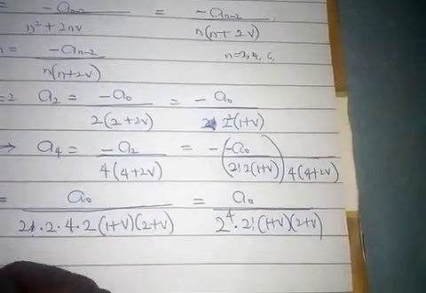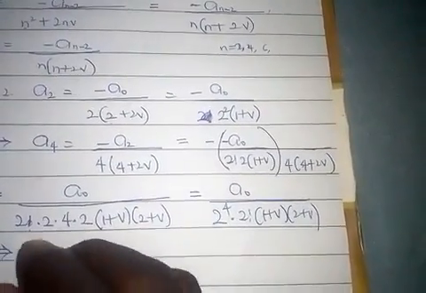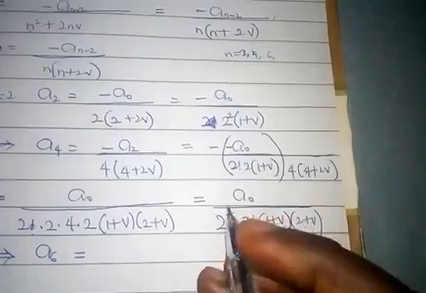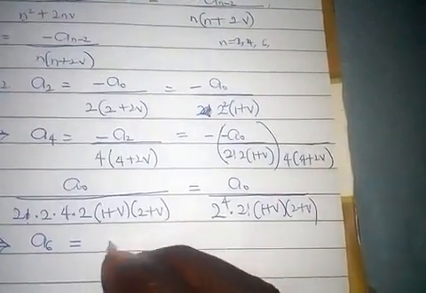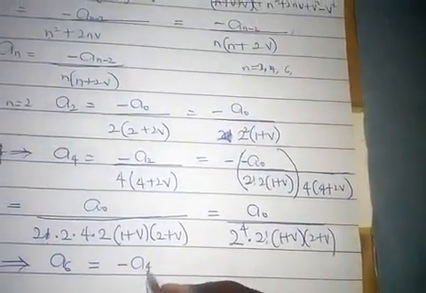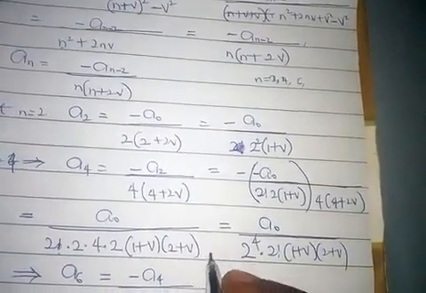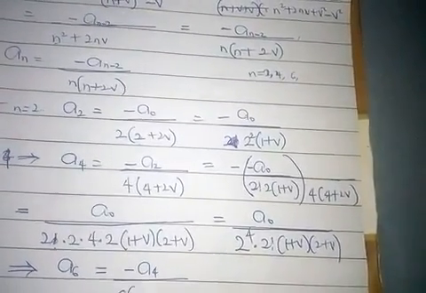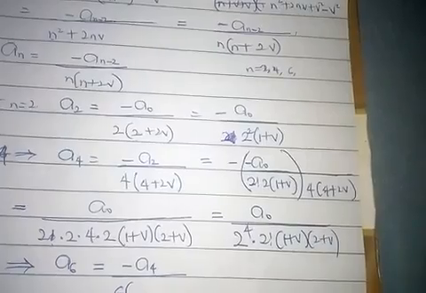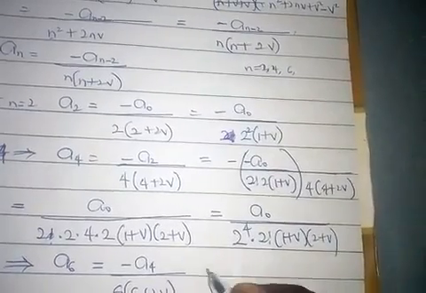Next one, n equal to 6: a_6 is equal to minus a_4 all over 6 into (6 + 2v).